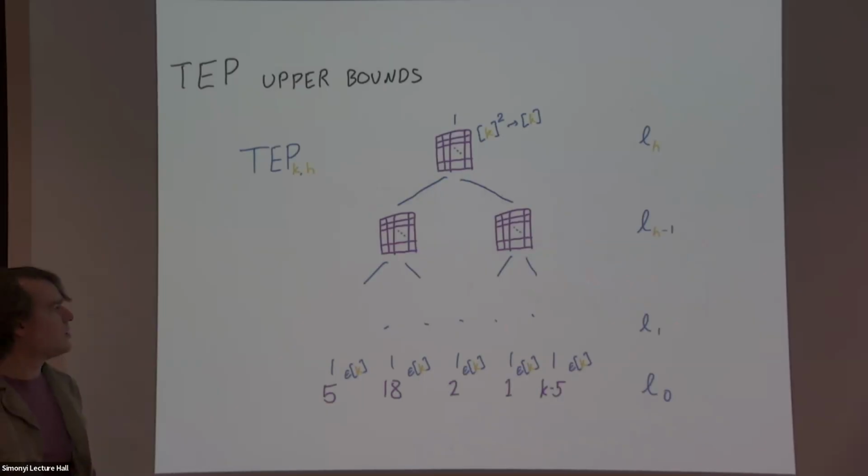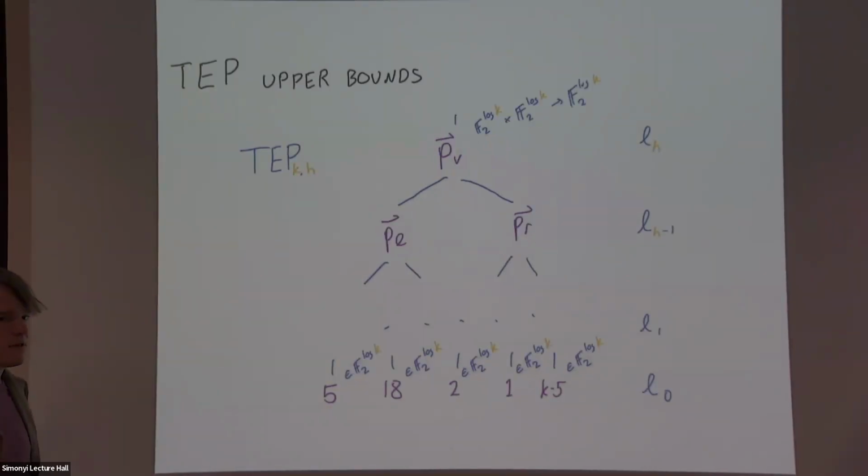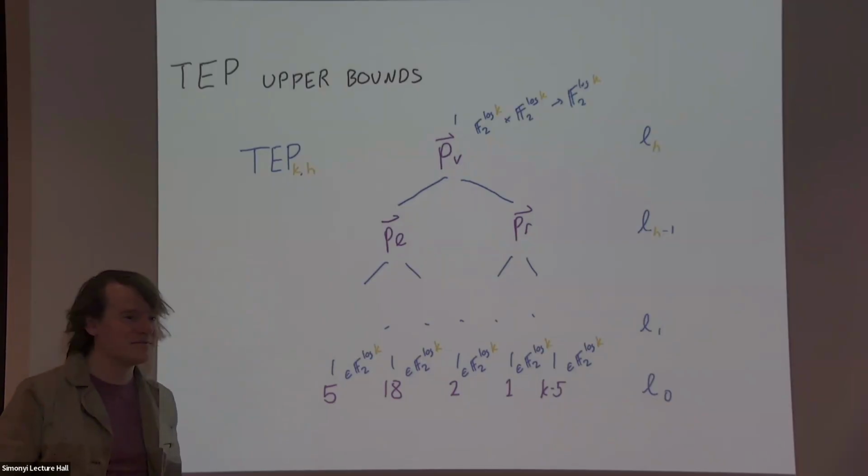So here's tree evaluation again, because you haven't seen it in a while. And like I said before, the first thing that you need to do if you're going to deal with this in this framework of register programs is turn everything into arithmetic. So before you saw arbitrary functions and values 1 to k, now you see log k tuples of F2 elements and polynomials over F2.